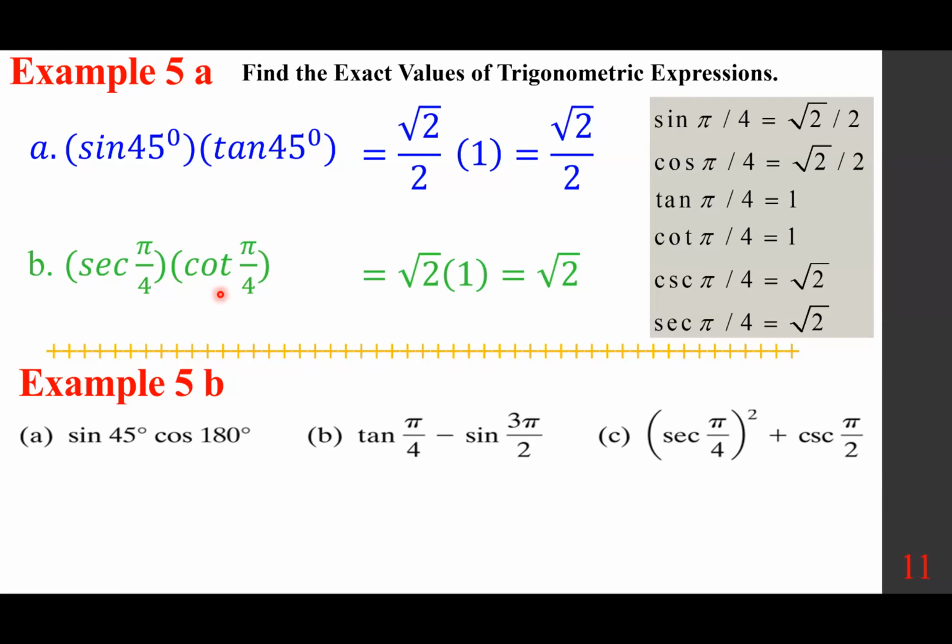All right, sine 45 times cosine of 180. Sine of 45 is square root of 2 over 2. Cosine of 180, negative 1. Their product is minus square root of 2 over 2. So we should know that.